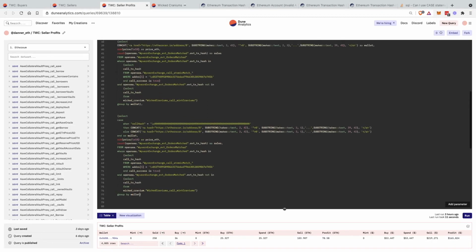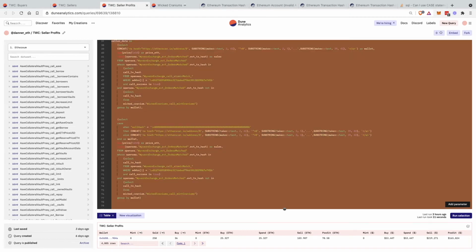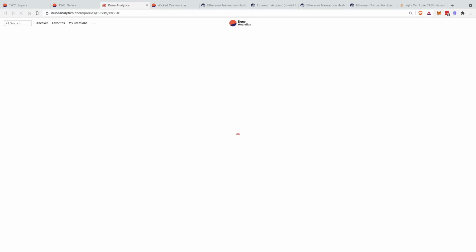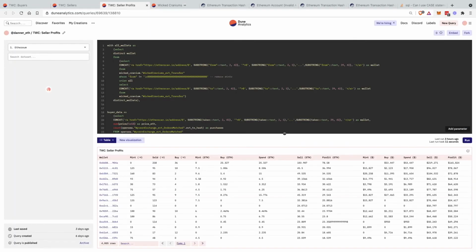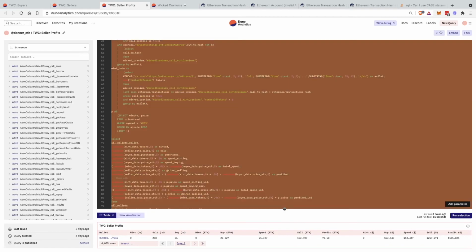So let's cross our fingers. Before I run this, I'm just going to save it somewhere else. Let's go back. Kill those changes. Something to be aware of is that whenever you're editing a query on Dune and you run it, you're saving it, and there's no way to get back the old version of what you ran, at least not that I'm aware of.